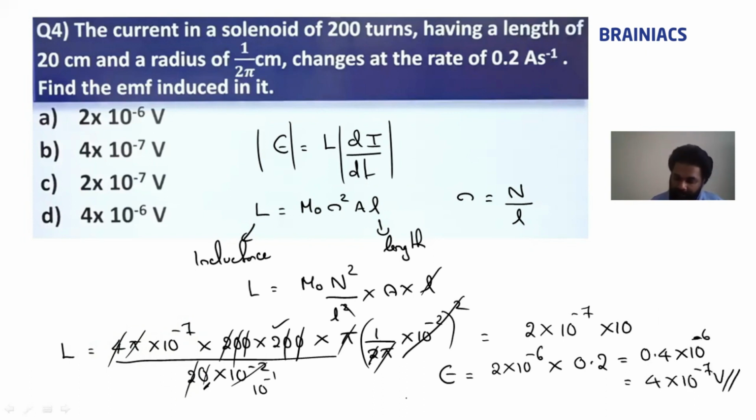That is there in the option. Option B is the correct answer. Clear or what? Okay, solenoid EMF we need to find. We found self-inductance multiplied with the di by dt. Clear? So 0.2 ampere per second is nothing but di by dt. Okay, that we should understand.